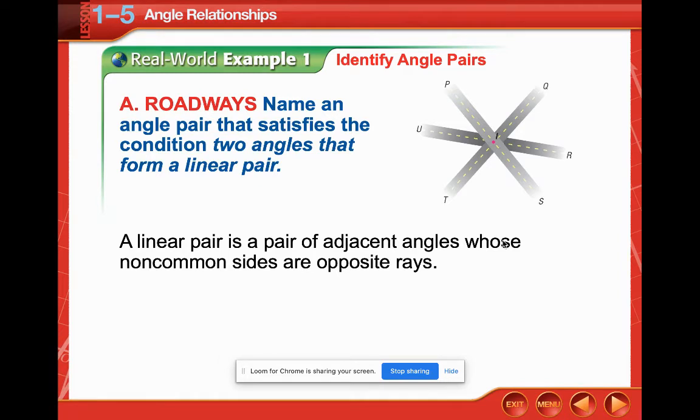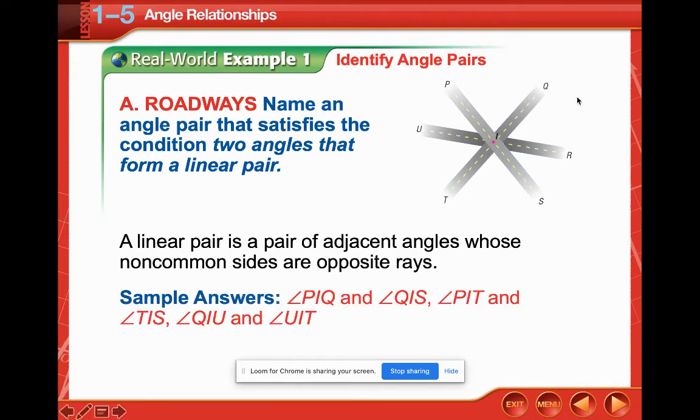Anyone? All right, this is the one I picked out real fast: UIP and PIR. That one is not on here, but it's right. There's also PIQ and QIS.